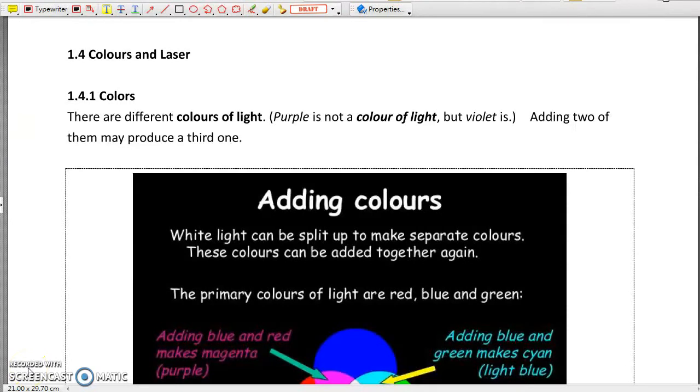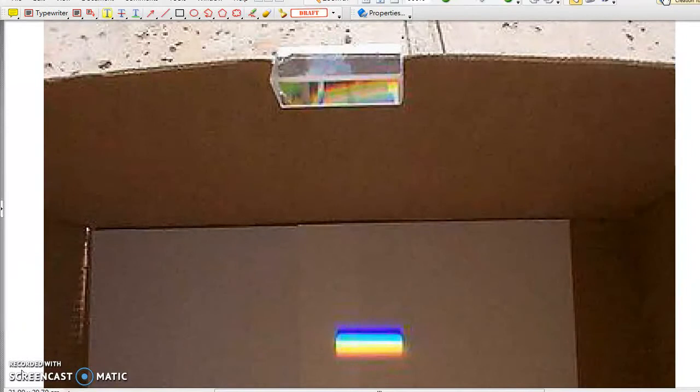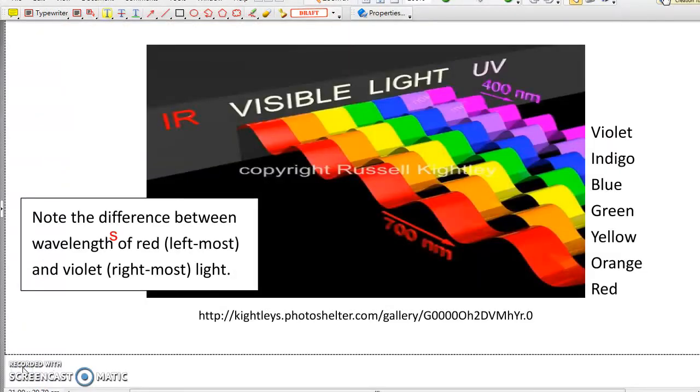1.4 Colors and laser. 1.4.1 Colors. On page 10, you have learned that sunlight can be refracted into a light spectrum, which shows all colors of light. And on page 6, we know that different colors of light have different wavelengths.